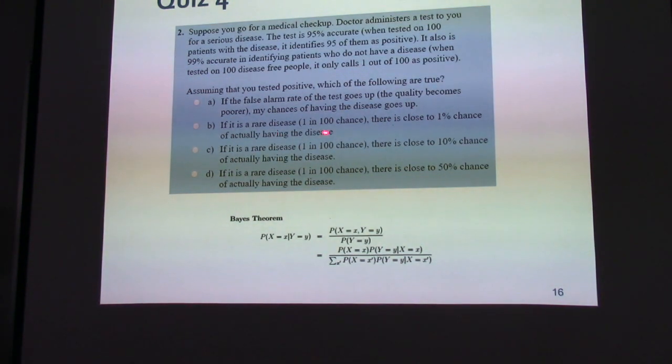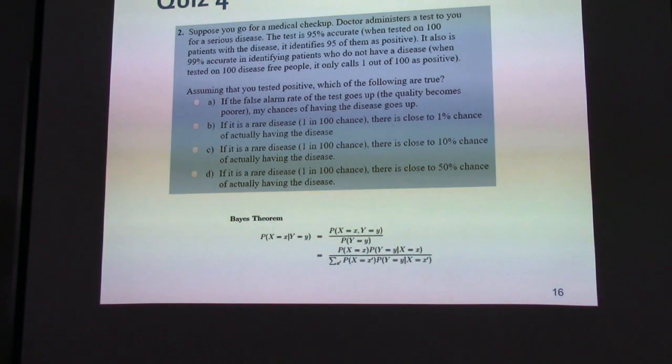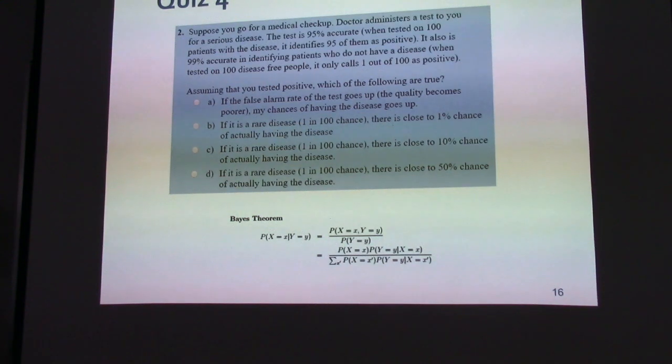Then in each choice, they also give you a prior probability. So you get three variables, and you just put them into the Bayes formula to get the results.